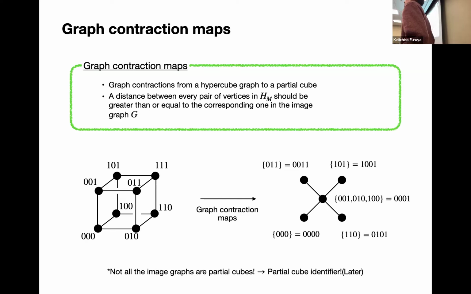And those automatically satisfy the right-hand side. Yeah, exactly. But the one thing that is important is that if you apply just the general graph contraction, not the graph contraction map, it doesn't have to give you the partial cube.